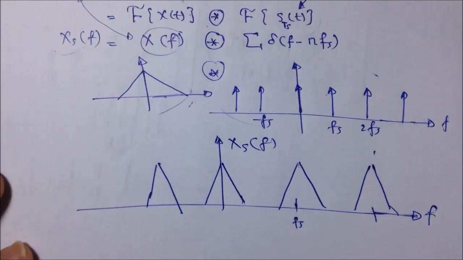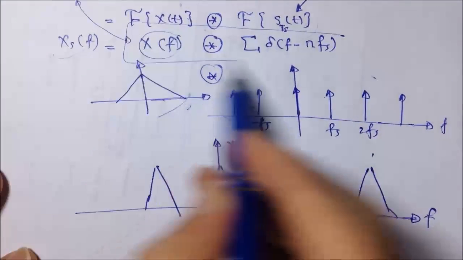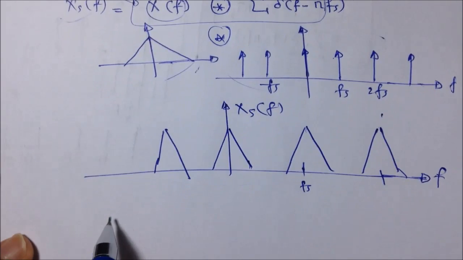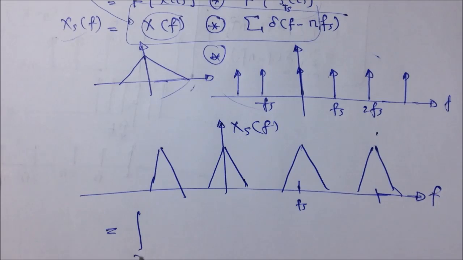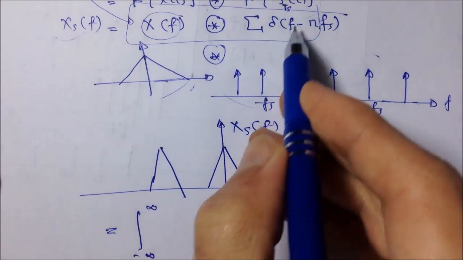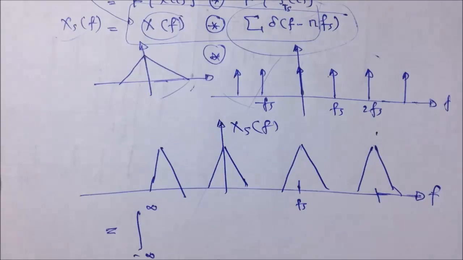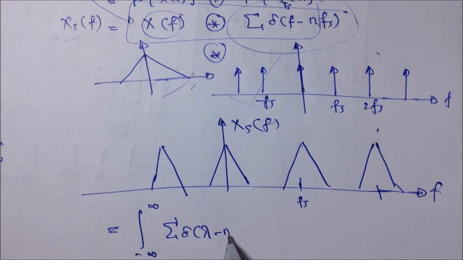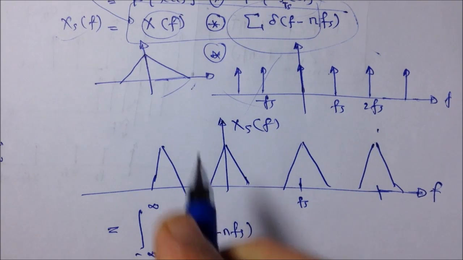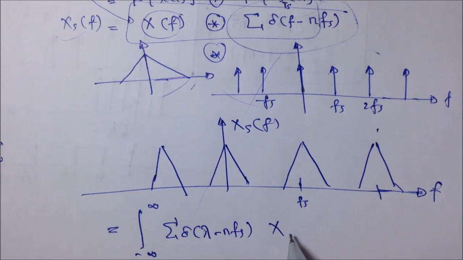I'll try to evaluate this convolution analytically. The convolution is defined by integration from minus infinity to infinity. We'll convolve the summation of delta of lambda minus nfs with X of f, so this will be X of f minus lambda d lambda.